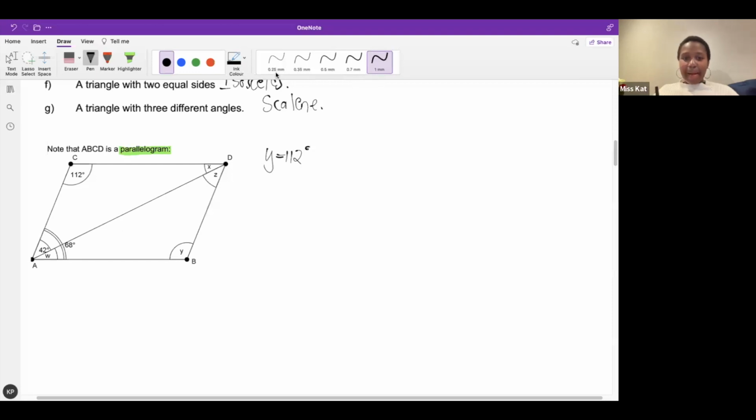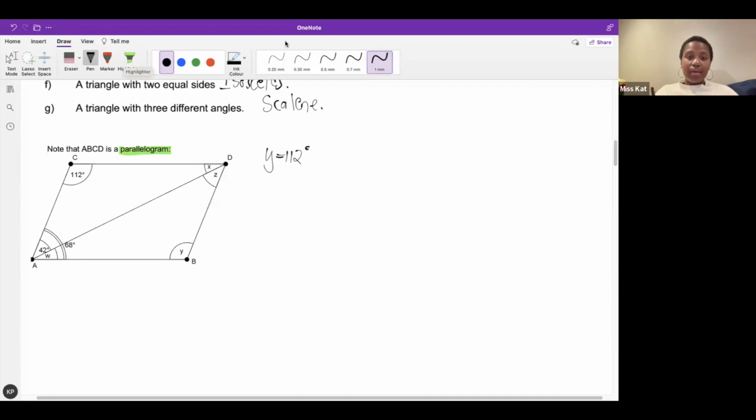I think ACD is equal to 180 degrees as it's a parallelogram. X is equal. Oh, Mida, your connection is not good. 112 plus 42 degrees equals 180 degrees.